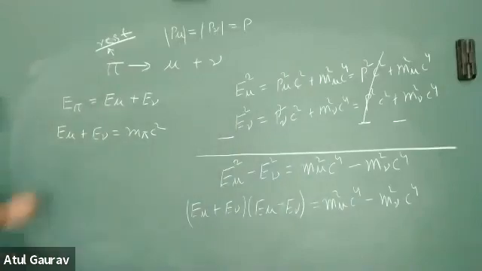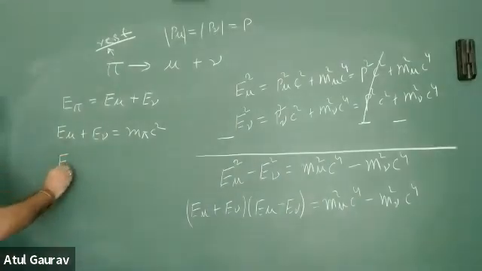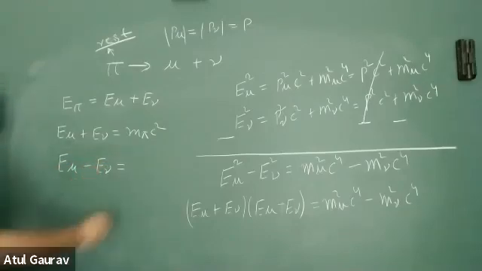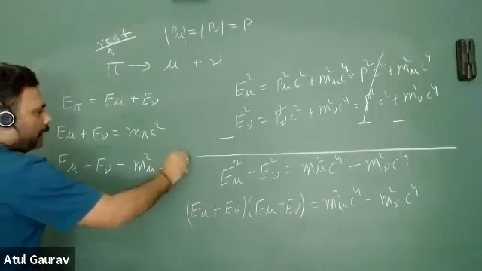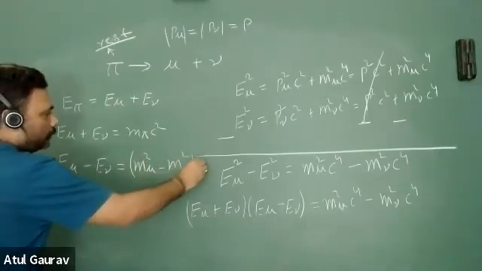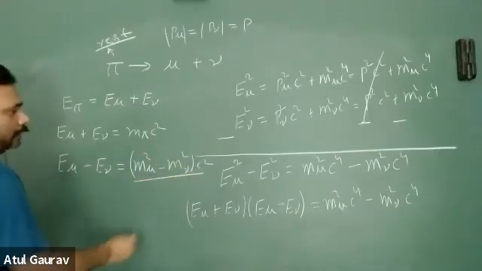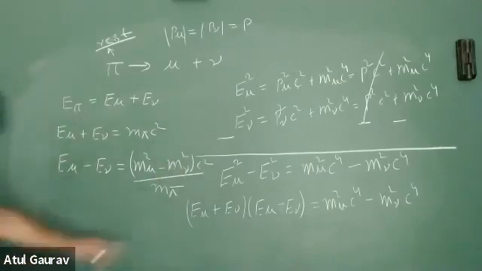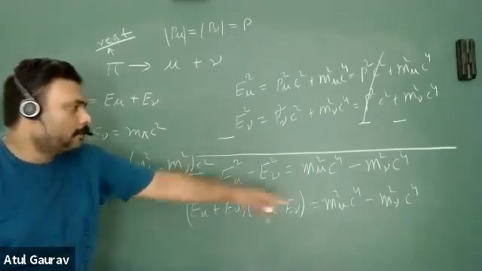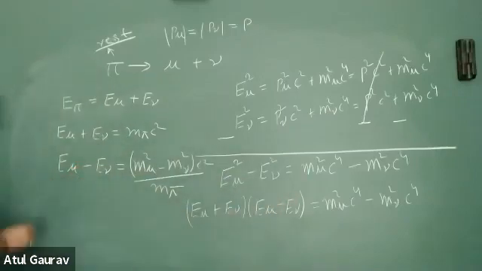The second equation is E mu minus E nu is equal to M mu square minus M nu square times C square by M pi, isn't it? This will be M pi C square, so one C square will cancel. So these are two equations: this is equation A, this is equation B, and you can just solve them.